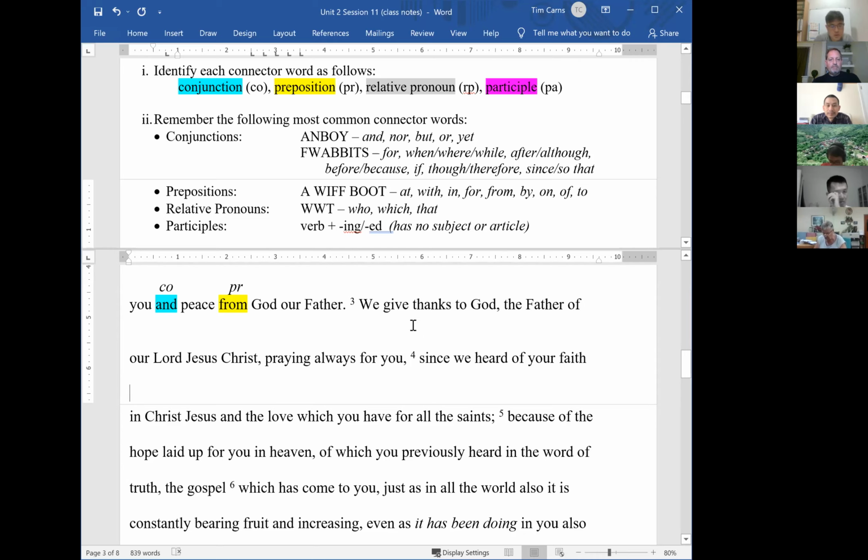We give thanks to God, the Father of our Lord Jesus Christ, praying always for you. So we give thanks to God. To is a preposition. Good. The Father of, which is another preposition. All right, so I'll just put PR above it. Father of, yes, good, preposition.